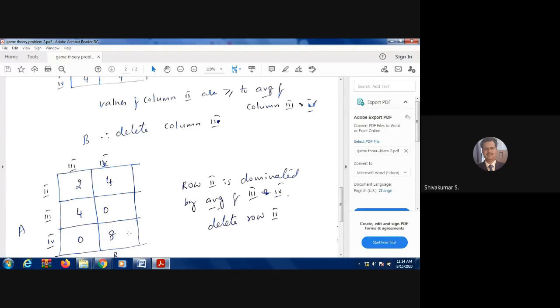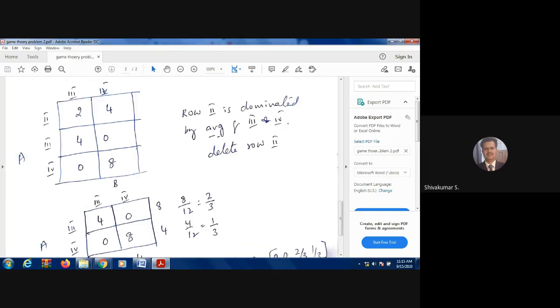You can't delete the average because the average is the 2 values, so you have to delete row 2 only. Row 2 values are 2 and 4. The average values of 3 and 4 are 2 and 4. So you delete row 2. Row 2 is dominated by the average values of 3 and 4. So delete row 2.